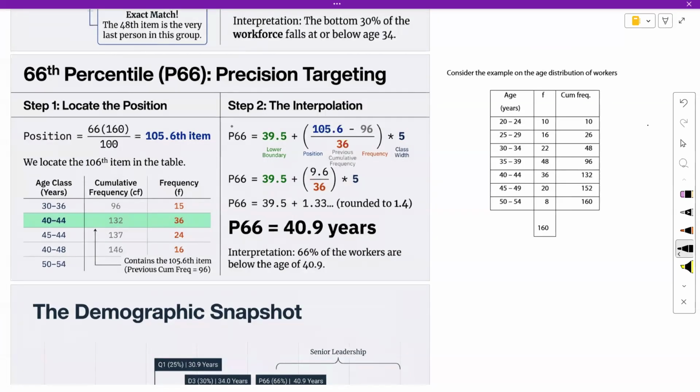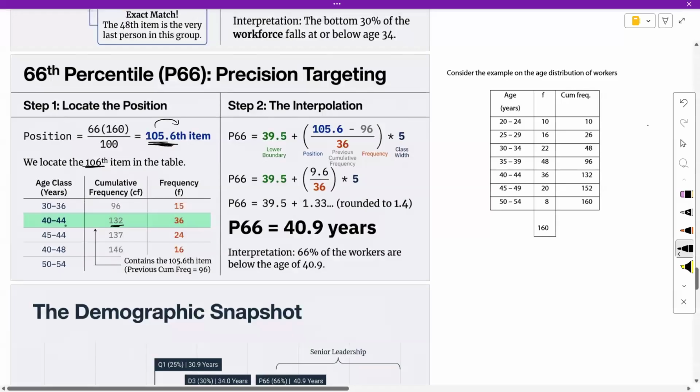Okay, let's see. P66 means the location could be 105.6 item, so approximately we locate the 106th item. It's better to approximate to the next whole level, so that 106th item will fall here.